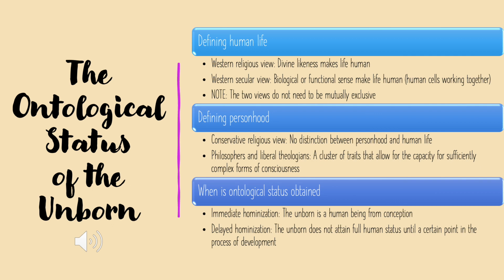So there's two different views: immediate hominization and delayed hominization. Immediate hominization says that the unborn is a human from the moment of conception. As soon as the sperm fertilizes the egg, then that unborn is a human. Delayed hominization says that the unborn does not attain full human status until a certain point in the process of development.